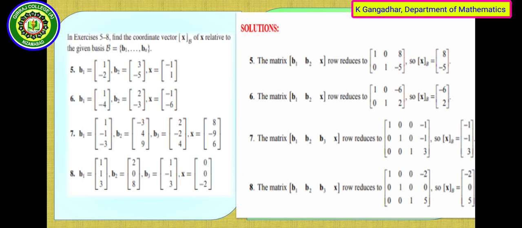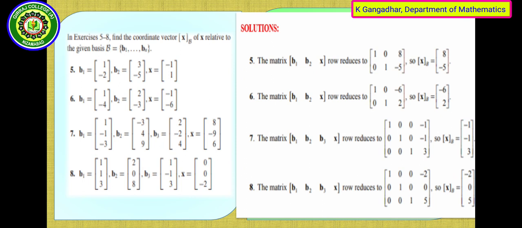Now here we write b1, b2, x: (1, -2), (3, -5), (-1, 1). So this matrix is reduced to upper triangular form. We get the form (1, 0, 8), (0, 1, -5). So here the solution: the [x]_B matrix is (8, -5).